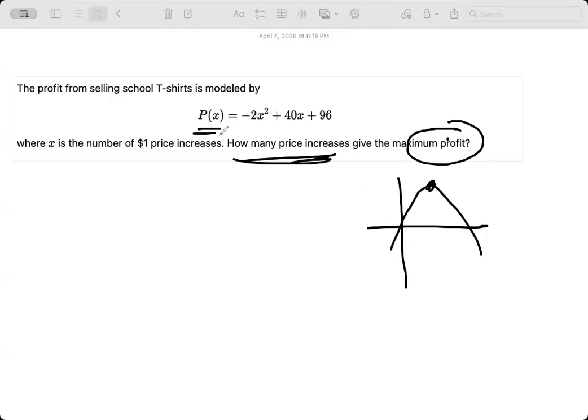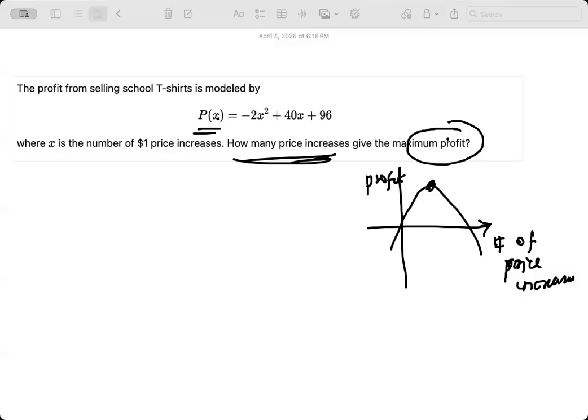That means the x value of the vertex. You got it? X value is the number of price increases. Y value is the profit. Make sense? Find out the vertex x and y.